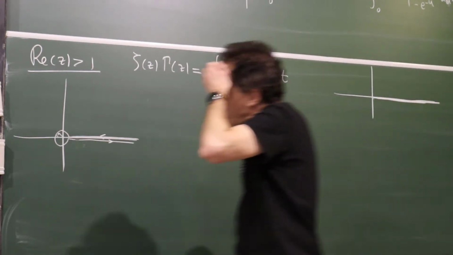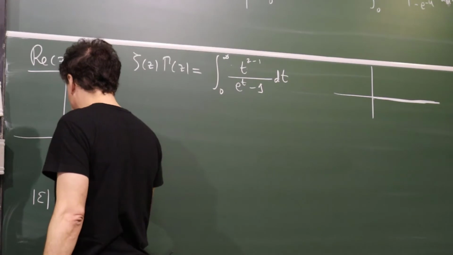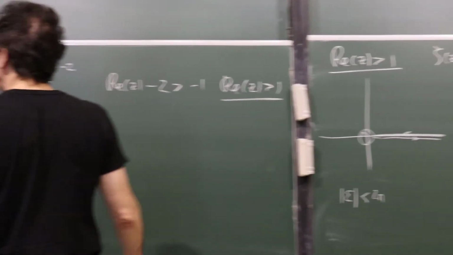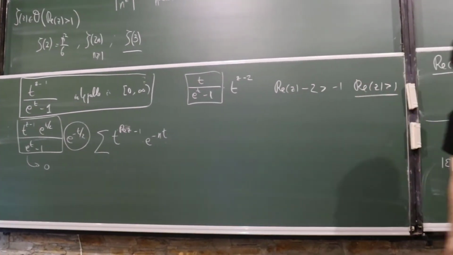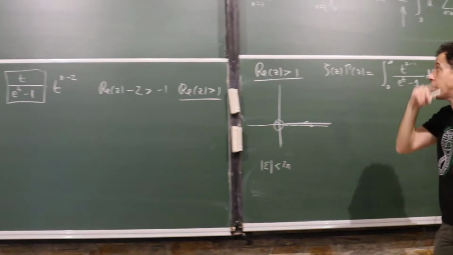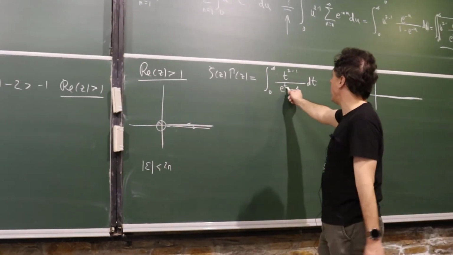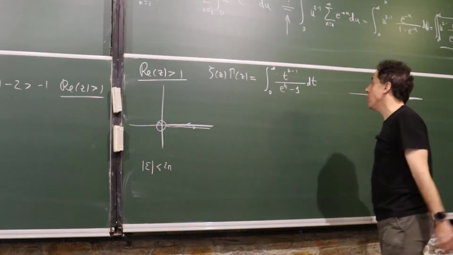You can take some epsilon small enough such that epsilon is smaller than 2 pi. Why 2 pi? Because we don't want the denominator to be 0 on this circle. The denominator could be 0 for this integral when t is equal to pi i. So we take some epsilon smaller than 2 pi.